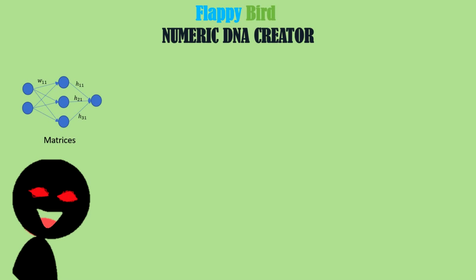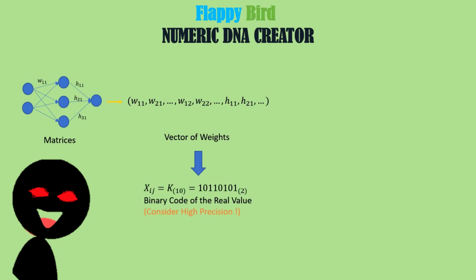The GA is related to DNA, a series of letters, or in this case a series of 1 and 0. So how I could do it is just take, for example, the first matrix and render it as a vector, and the second matrix again as a vector, and then connect all the matrices into one vector, and then code each element of the vector to its binary code.